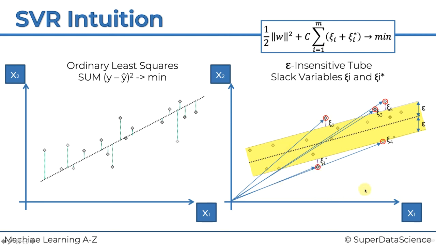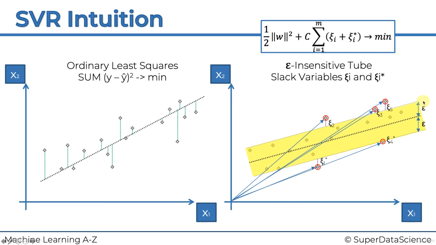So these points are all vectors, but the ones that we've highlighted in red, the ones outside the tube, are the support vectors because they are dictating how this tube is created. So basically they're supporting the structure or formation of this tube, and that's why they're called support vectors, and that's why this is support vector regression.